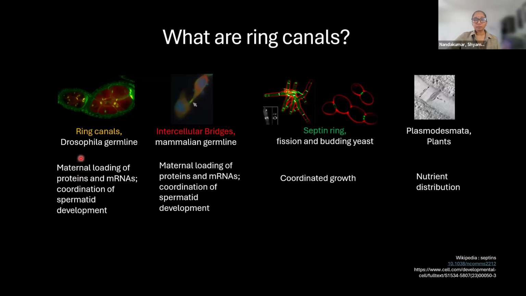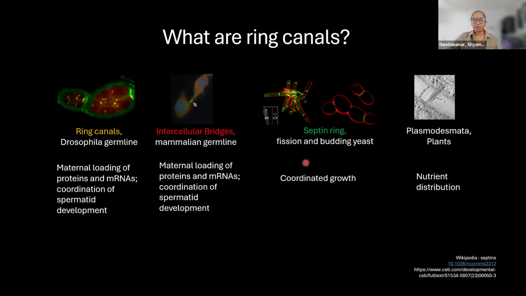Multiple cells in the germline are connected to one another through ring canals formed by incomplete cytokinesis, and the function is to ensure maternal loading of proteins, mRNAs, and even lipids into the oocyte. This happens in both the male and female germline. They're present also in mammals and perform quite the same function.